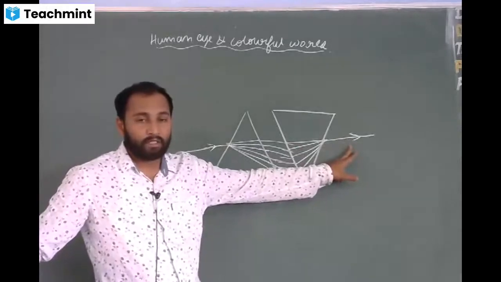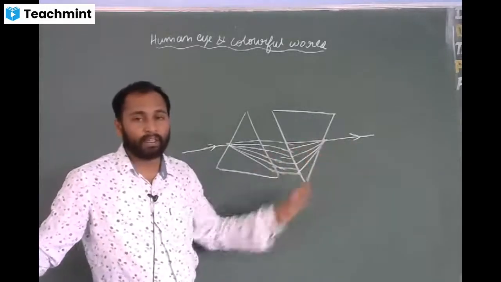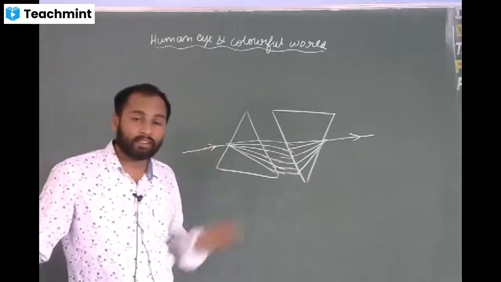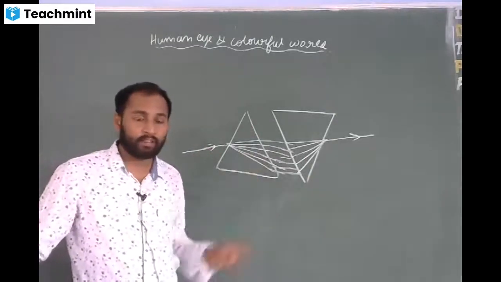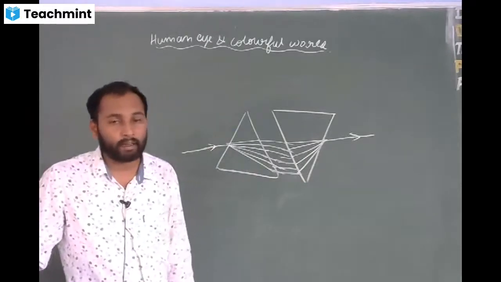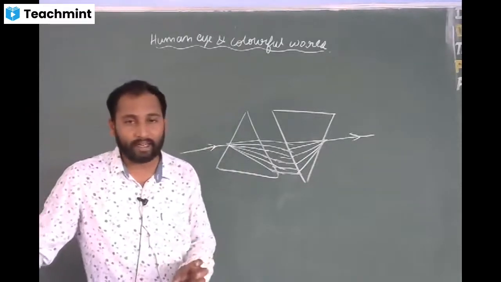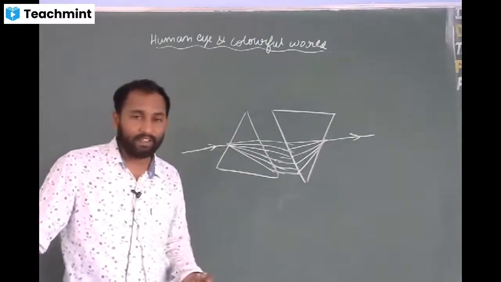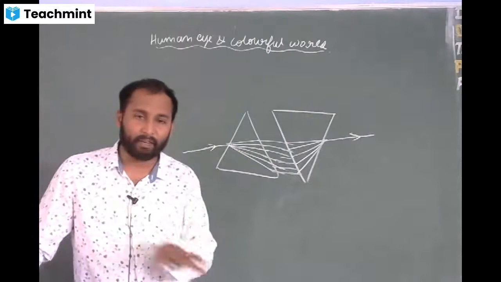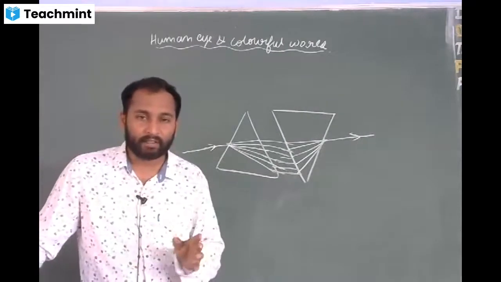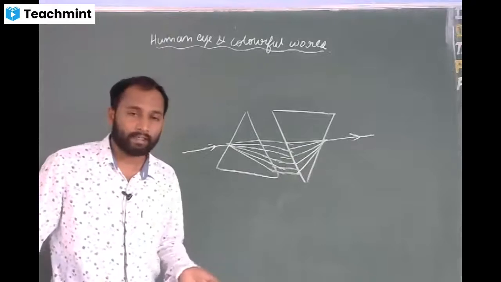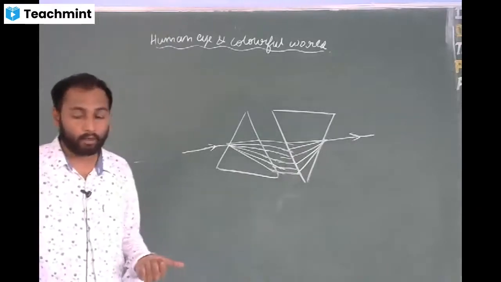After this experiment, he concluded that white light consists of 7 colors, that is VIBGYOR. He also said that any ray or beam of light which splits into 7 colors, we can call white colored light. Okay, understood?